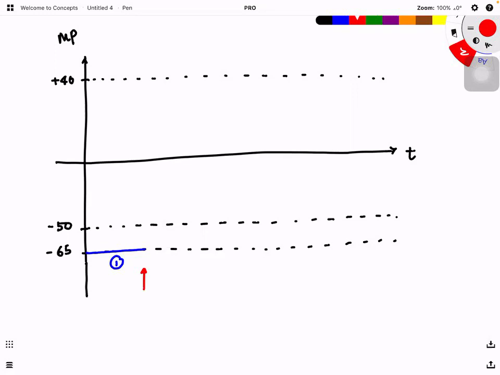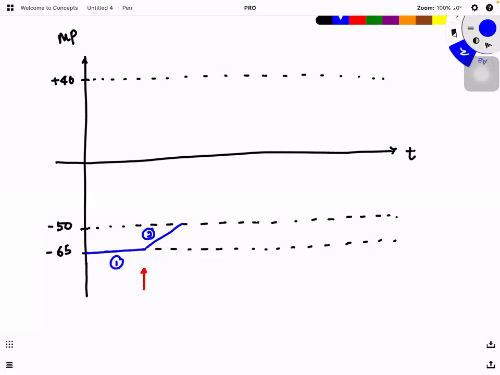What will happen when I prick you is a depolarization. We start with a slight depolarization, which is phase 2. Phase 2 is characterized by some of the voltage gated sodium ion channels opening, only some of them, until we reach the threshold potential at negative 50 millivolts.